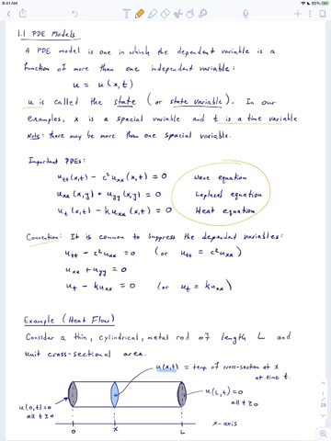It's a common convention to suppress the dependent variables, in this case x and t. So we write, for example, the wave equation as u_tt minus c squared u_xx: the second partial of u with respect to t minus c squared times the second partial of u with respect to x. We suppress the (x, t).